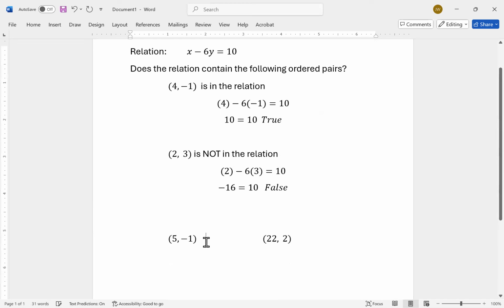You can do that with every single ordered pair. So let's do that with (5, -1). Again, we just write x minus 6y equals 10, and then plug in 5 for the x, plug in -1 for the y.